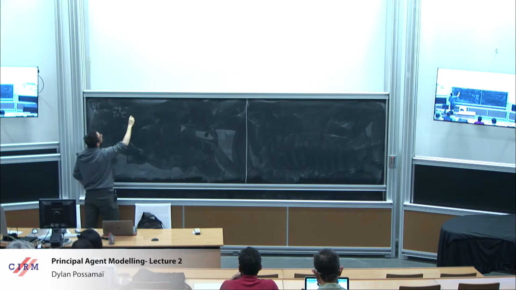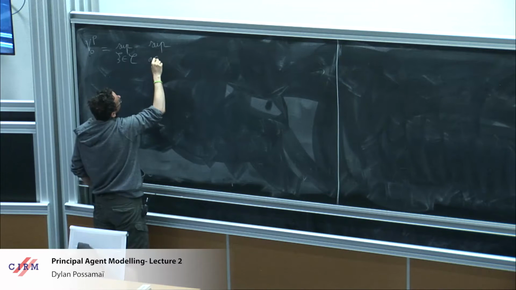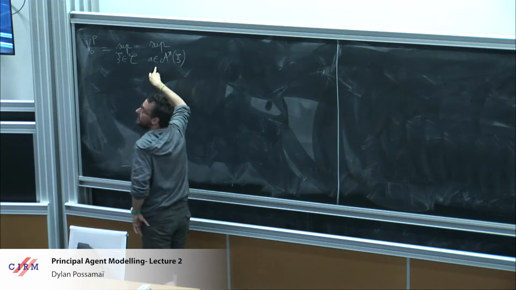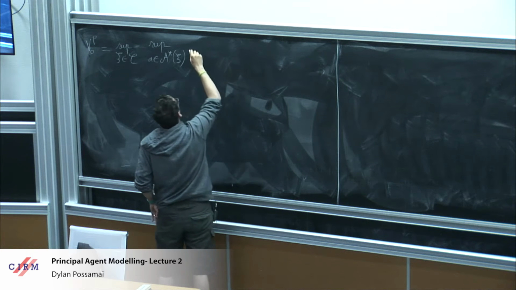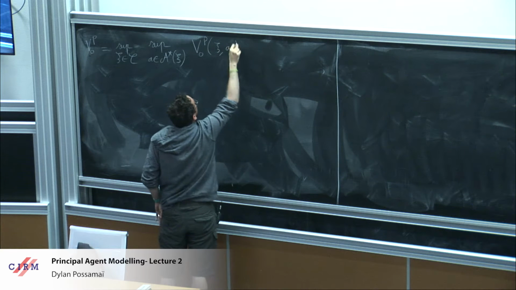the value that the principal was getting could more or less be written as follows. You were maximizing over contracts, and then we had the complicated part here, which was maximizing over efforts that were optimal for the problem of the agent, right? And then here we had whatever value the principal was getting.